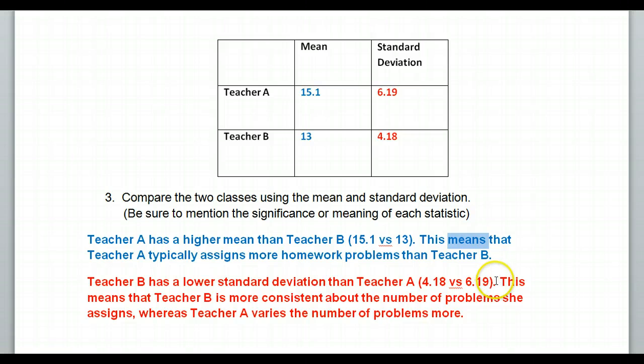Now, you're going to tell me what that means in the second sentence. This means that teacher B is more consistent about the number of problems she assigns, whereas teacher A varies the number of problems more. This is the kind of thing I want to see when you are writing your summary statements.